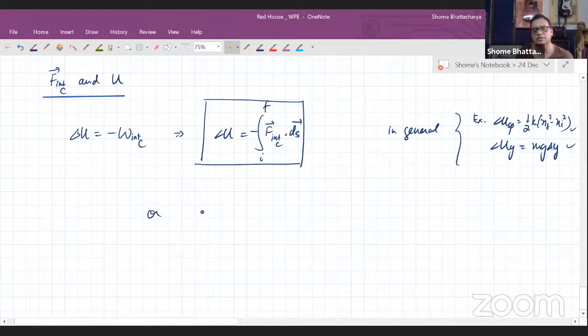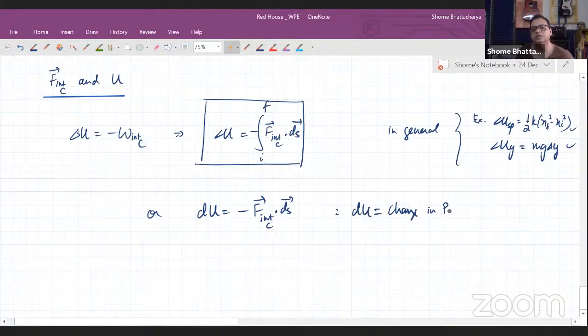So we can also say that during a small displacement ds, here dU is the change in potential energy during a small displacement ds.